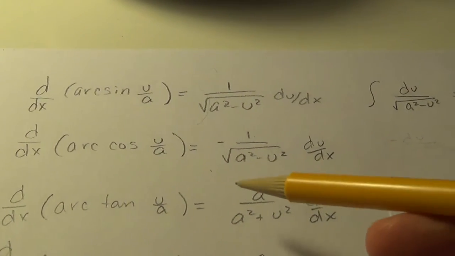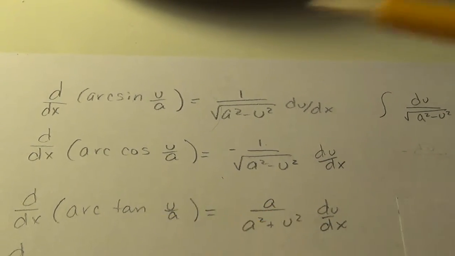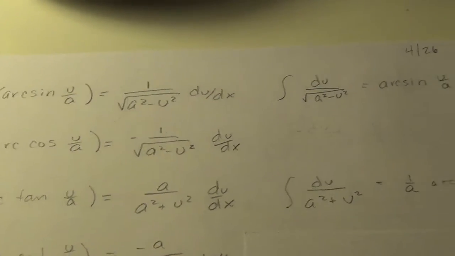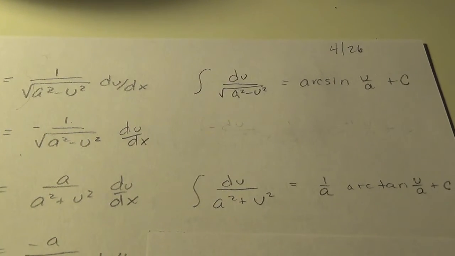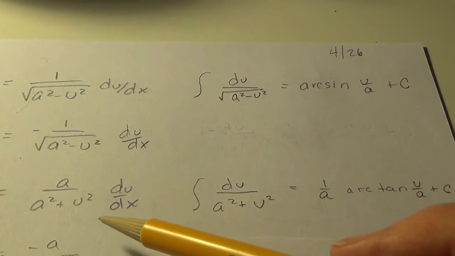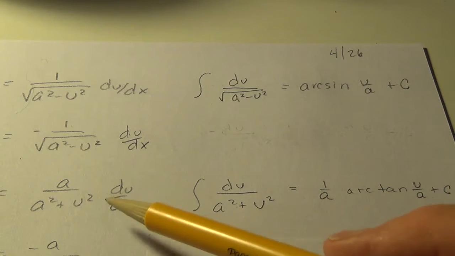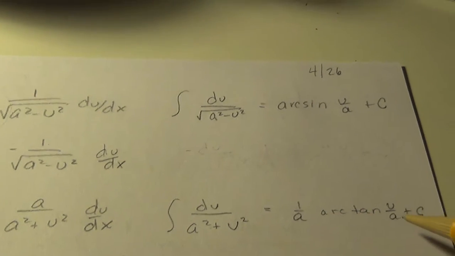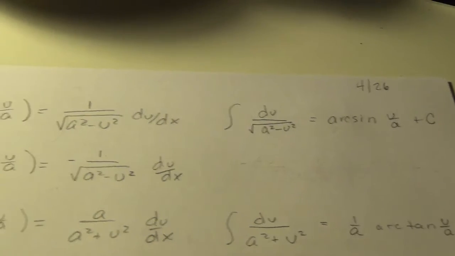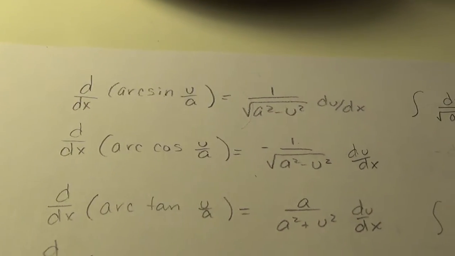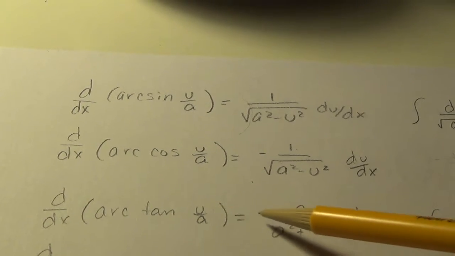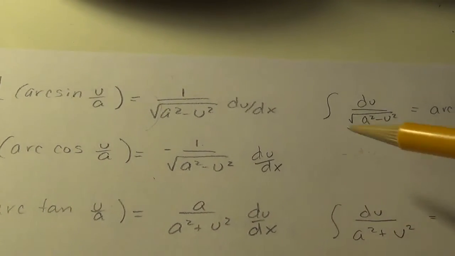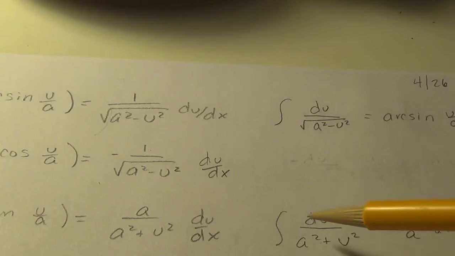So the integral of this would get us back to that. So this should make sense. The integral of what was the derivative will take us back to the original expression. The only thing is I pulled out the constant 1 over a. So let's see.